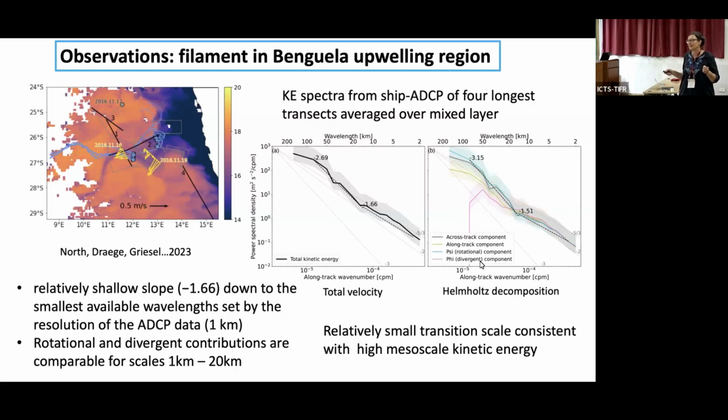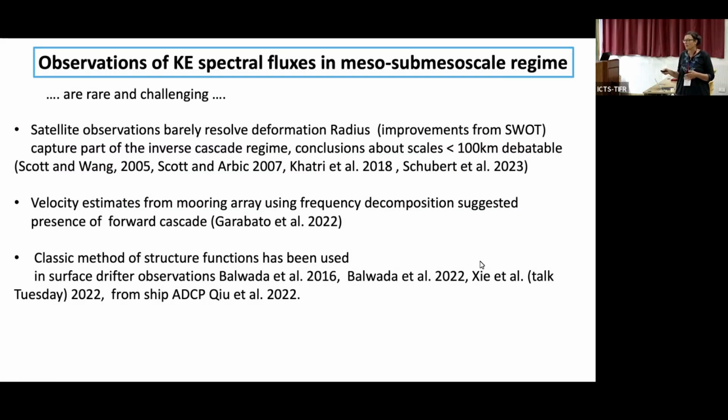Then we see that the rotational component actually decreases for scales that are larger than about 20 kilometers, which is around the Rossby radius. The Rossby radius is 30 kilometers. So we get a relatively small transition scale compared to the other studies because we have a large mesoscale kinetic energy.